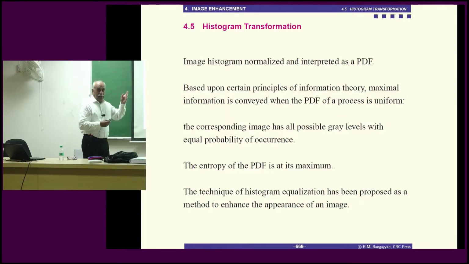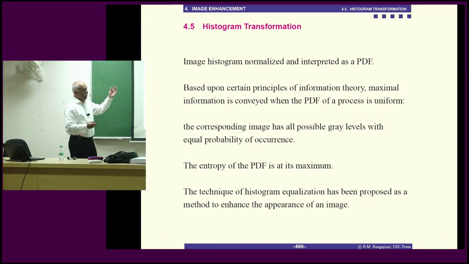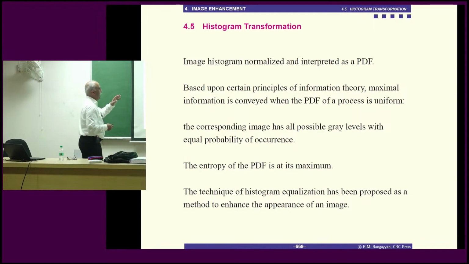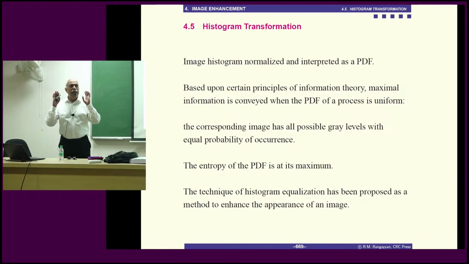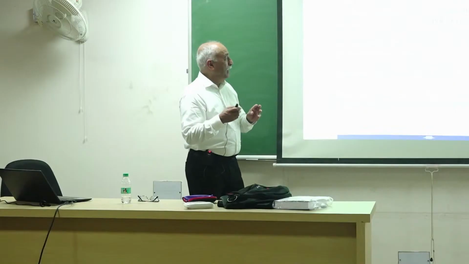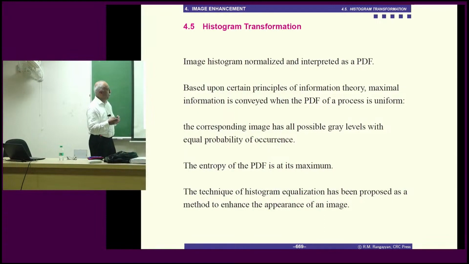Based upon information theory, the information conveyed by the image is maximal when the PDF is uniform. But we are taking the PDF of one image, so it's only approximate. And the idea of a flat histogram conveying maximal information is based on information theory using probabilities that may not always apply to real life images. So there are limitations. The entropy of the PDF is maximum when it is uniform.